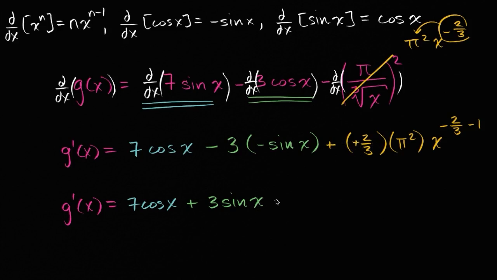So we can say plus 2 pi squared over 3, that's that part there, times x to the negative 5/3 power. And there you have it. We were able to tackle this thing that looked a little bit hairy, but all we had to use was the power rule and what we knew to be the derivatives of sine and cosine.